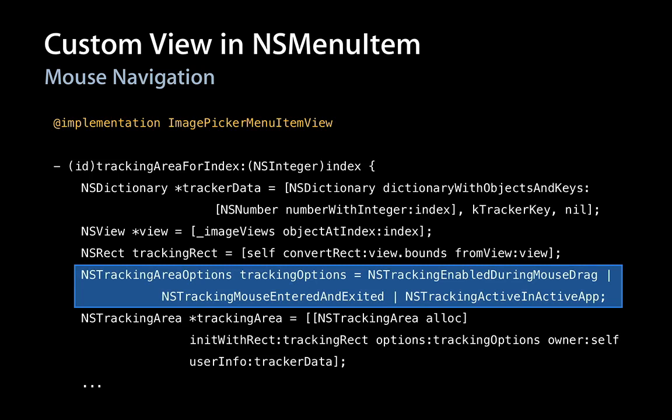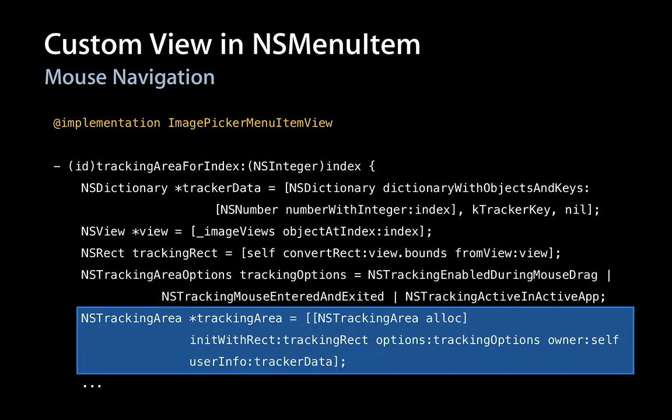When the menu is up, your app is active. That works great. And if anything happens that's going to require your app to lose activation, the menu is going to go away anyway. So that's a nice little option to add on there as well. Now that we have all of that figured out, we can go ahead and call NSTrackingArea alloc, initWithRect, the tracking rect in our local coordinate system that we determined earlier.